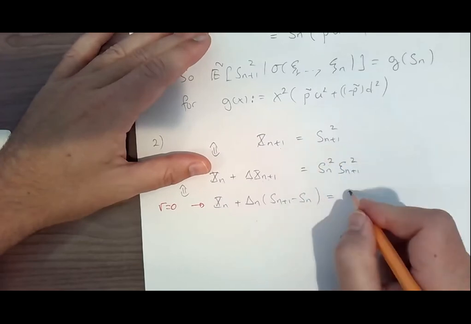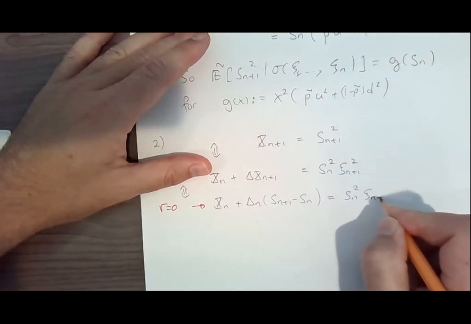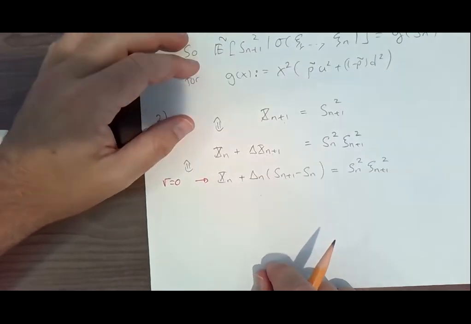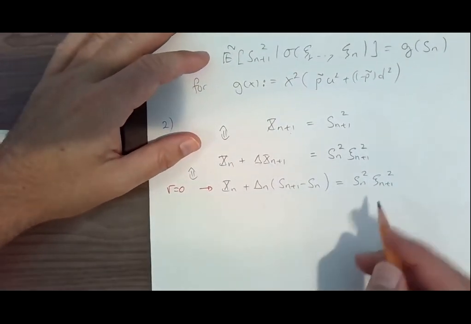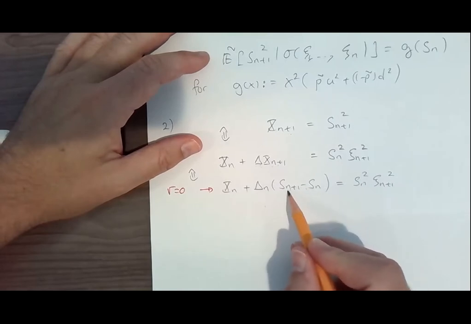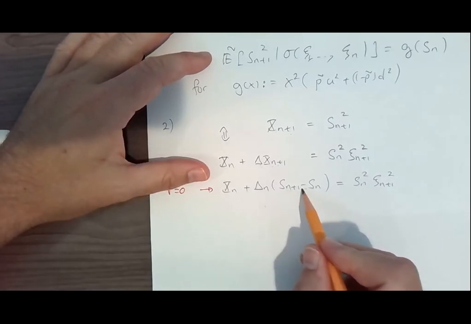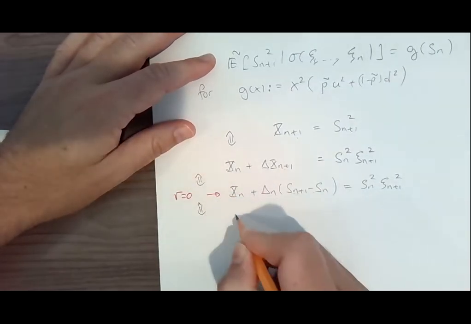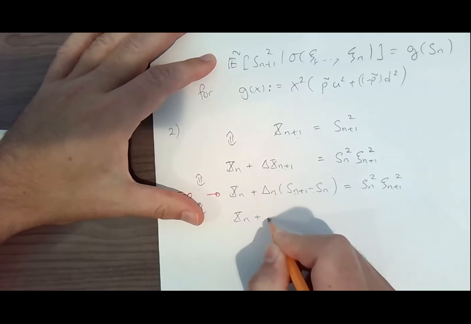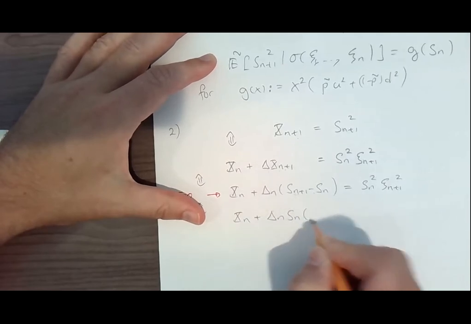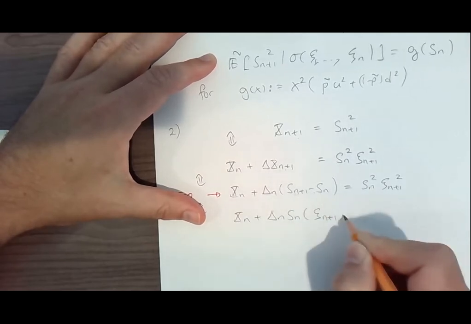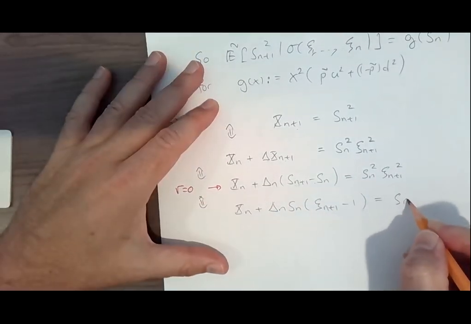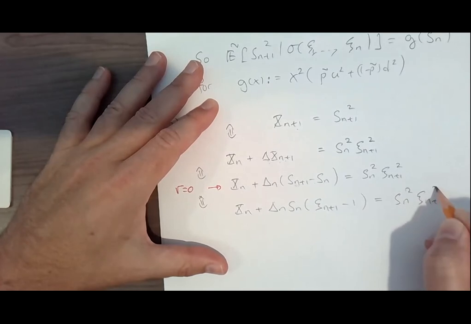And so we want this to be S_n squared psi_{n+1} squared. S_n here is as before. This is the same as saying x_n plus, and then you have delta n, put S_n outside, you get psi_{n+1} minus 1. You want this to be S_n squared psi_{n+1} squared.